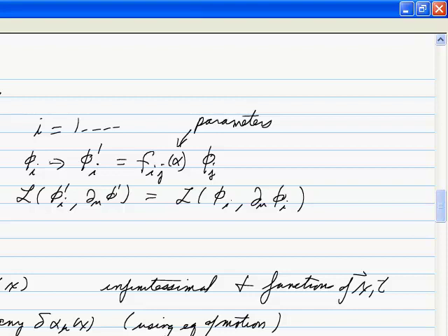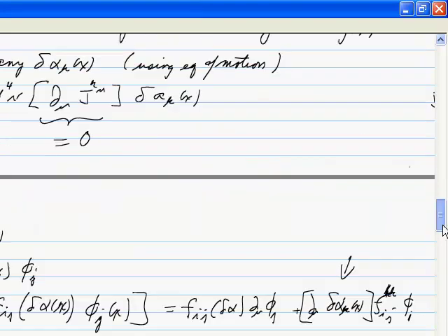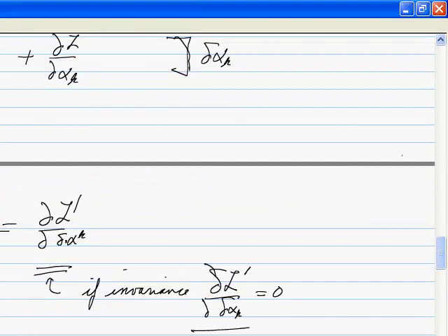If I'm just asking what's the variation with respect to alpha, that's 0. Then I could take it to be a constant. So the statement is that this L prime, if the invariance exists, doesn't have any dependence on alpha k.